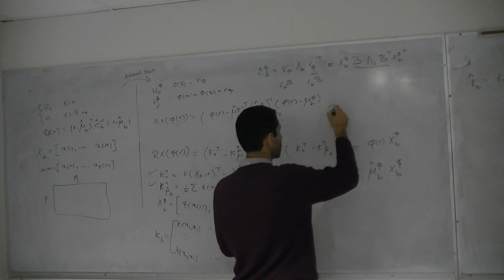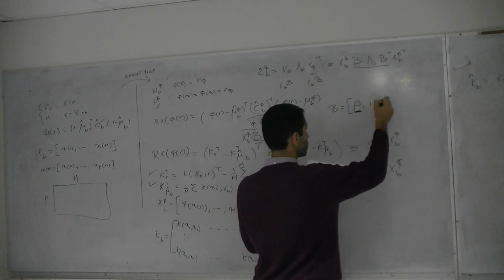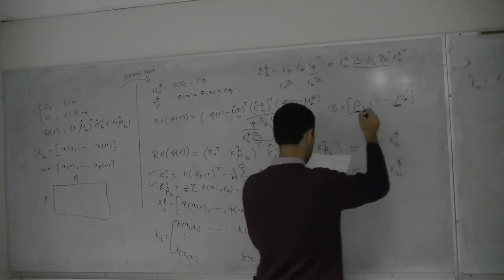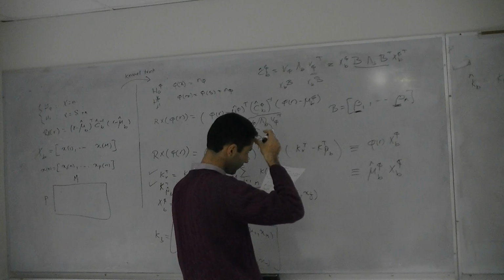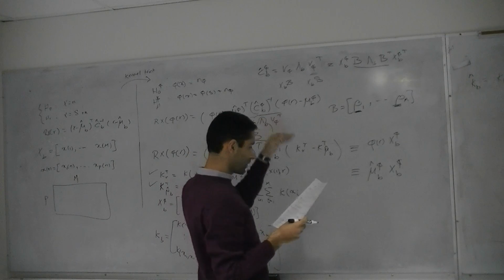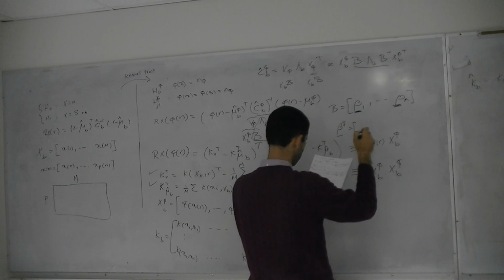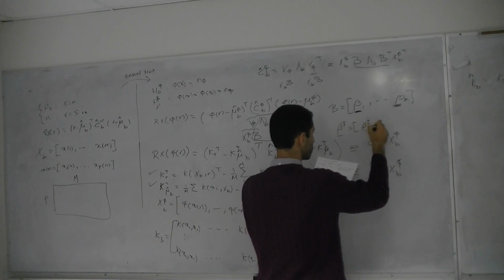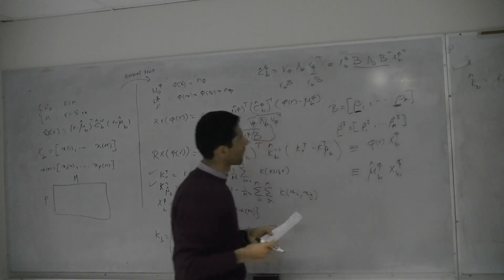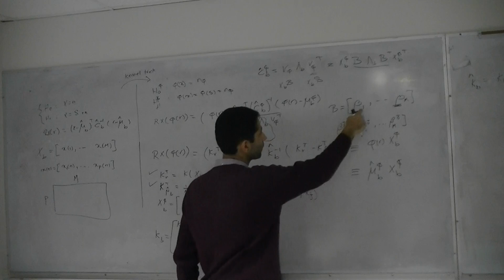I can write that B is equal to beta 1 to n, and each of the betas is again a matrix by J.